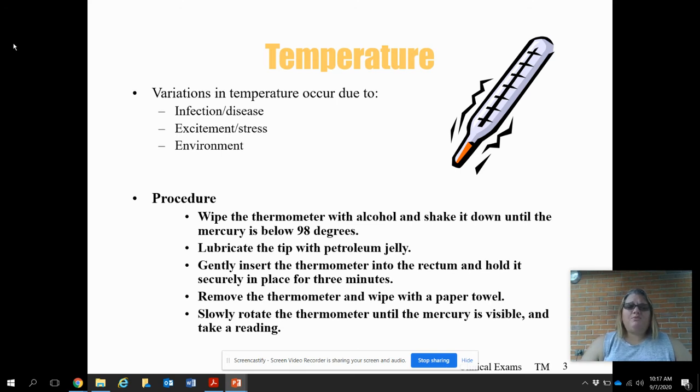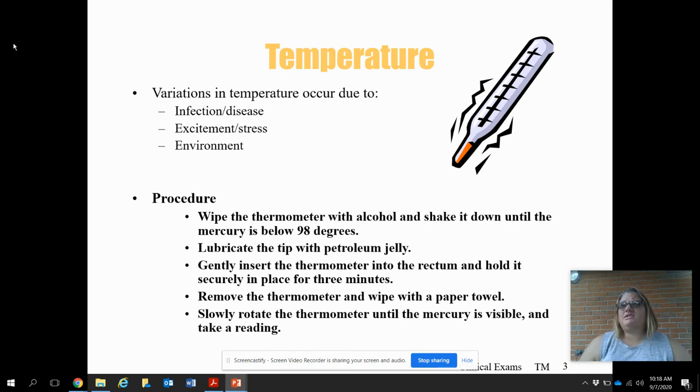So typically we do use digital thermometers, much nicer, quicker. You do want to use lubricant on the tip of the thermometer, and then just gently insert it into the rectum and hold it in there.